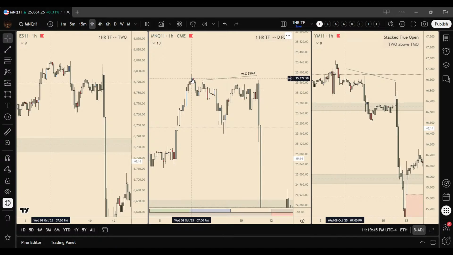Since it's a bullish candle, it trades above it, which is a rejection block essentially. And then you have this one just being tapped into, while Dow is just missing it. Just missing it.